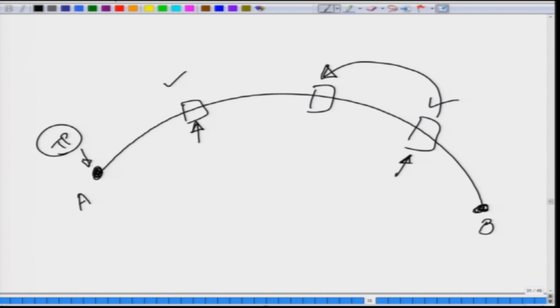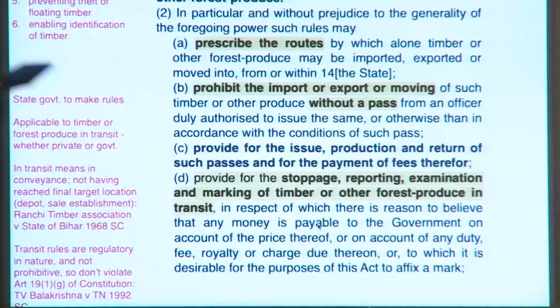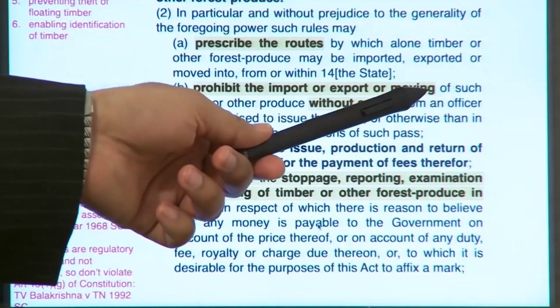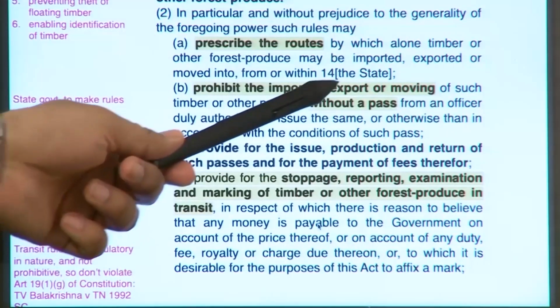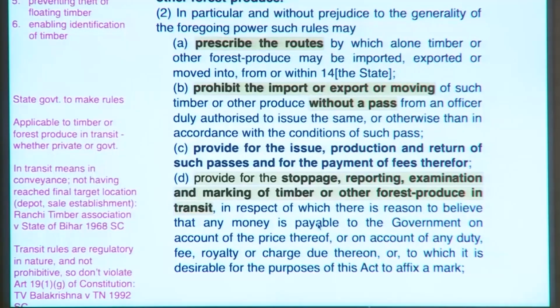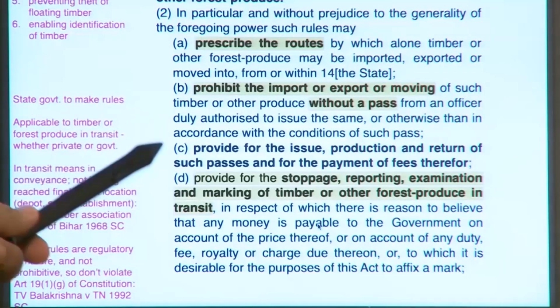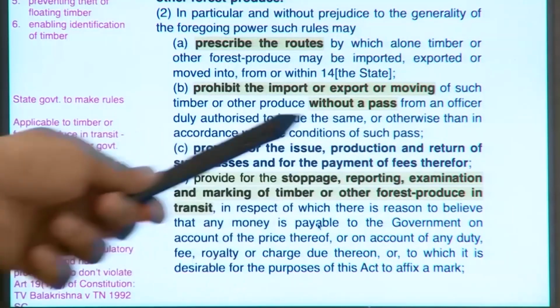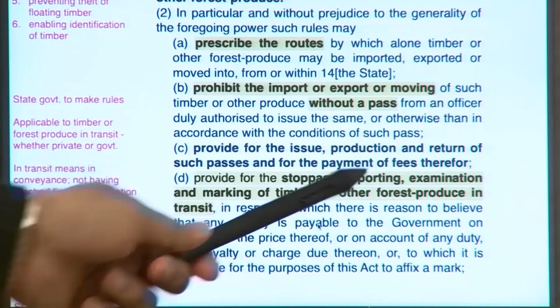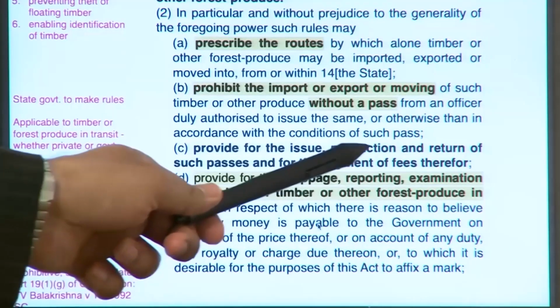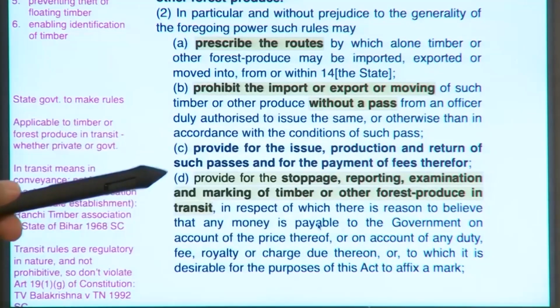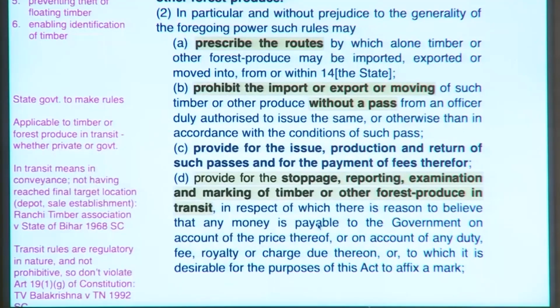So, the government can not only prescribe the routes, but the government can prescribe the import or export or moving of timber and other forest produce without a pass, which is the transit pass, provide for the issue, production and return of such passes for payment of fees, provide for stoppage, reporting, examination and marking of timber and other forest produce in transit.